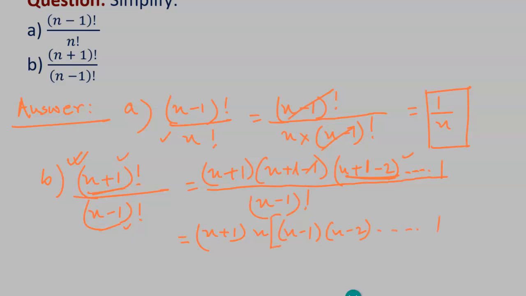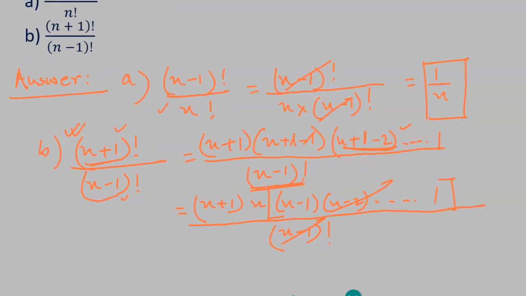And what is this part? This part is nothing but n minus 1 factorial. So this part and this part will be getting cancelled, and we have the answer for the subpart B as n times n plus 1, or n plus 1 times n, or you can write the answer as n squared plus n.